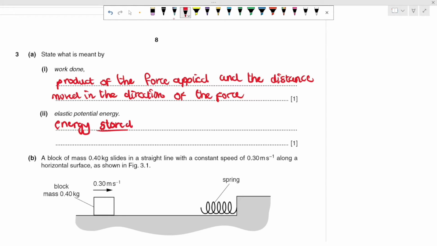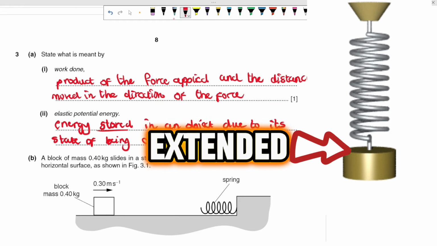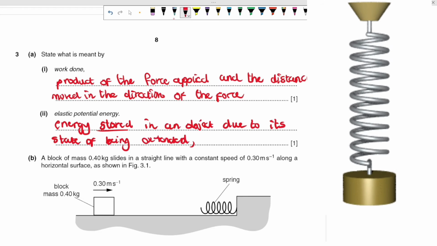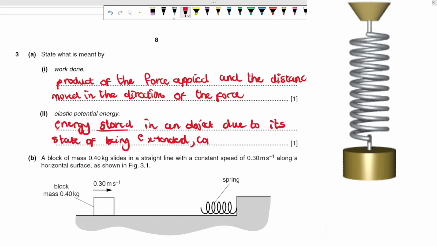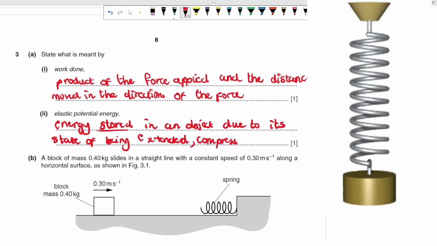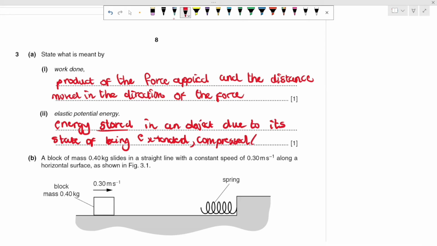Big emphasis on the word stored in an object due to its state of being extended, or compressed, or essentially just a change of shape.